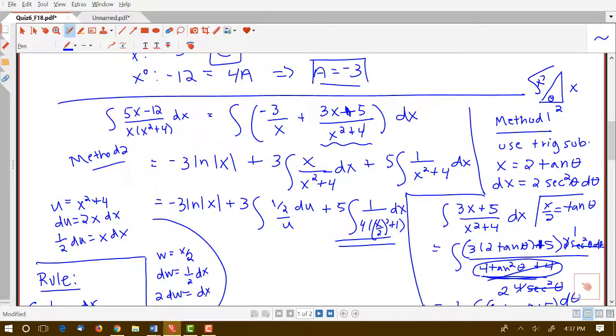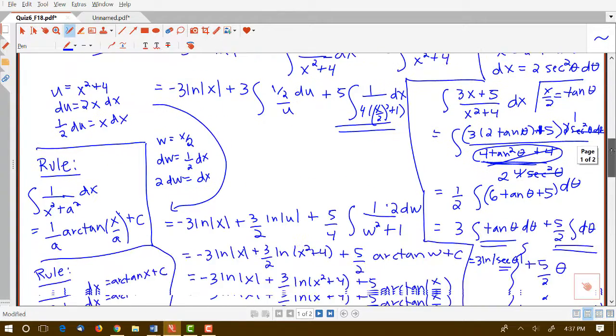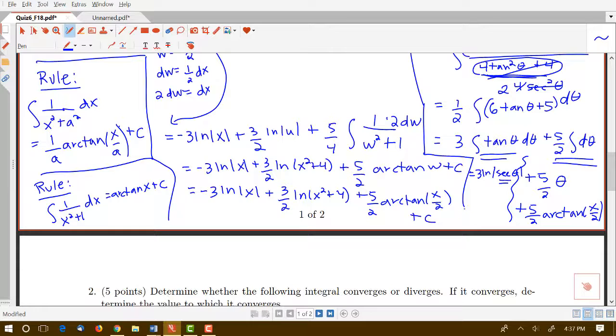So this is the square root of x squared plus 4. So secant theta would be our hypotenuse over adjacent, so the square root over 2. I know I'm running out of room here to show this alternate form. So this is 3 log of the square root of x squared plus 4 all over 2. And then we had the 5 halves arctan x over 2.